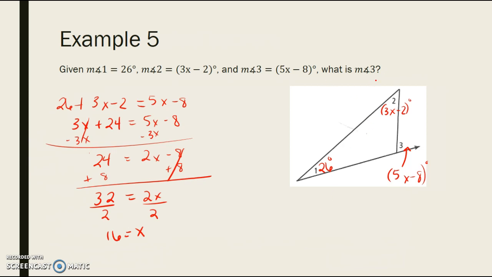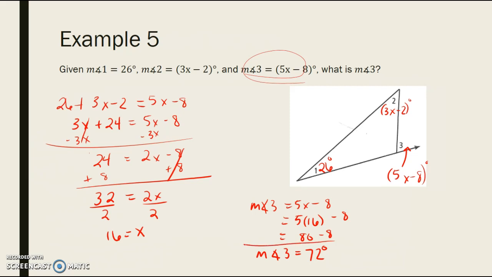So now that we want the measure of angle 3, I only need to worry about what measure of angle 3 equals, which is our 5x minus 8, and then we'll replace x with 16. So 5 times 16 minus 8. 5 times 16 is 80, so we end up with 80 minus 8. So the measure of angle 3 equals 72 degrees.